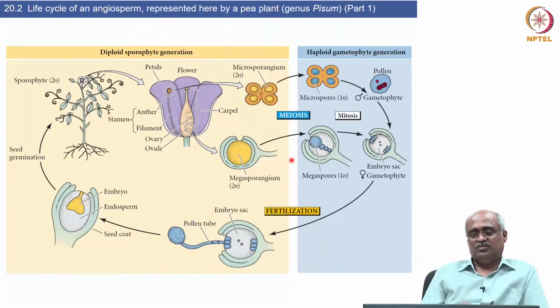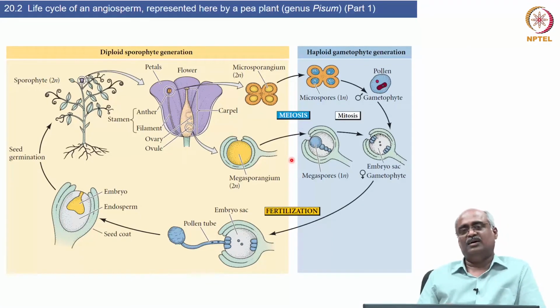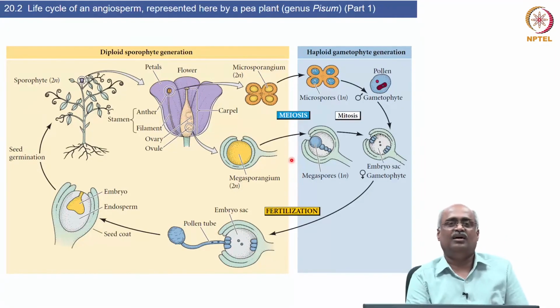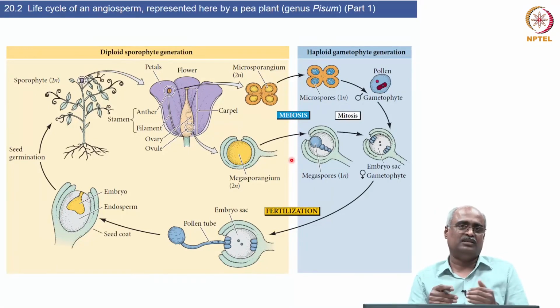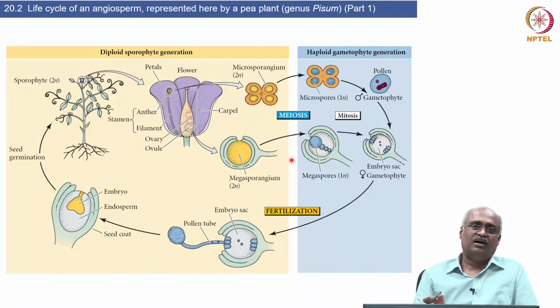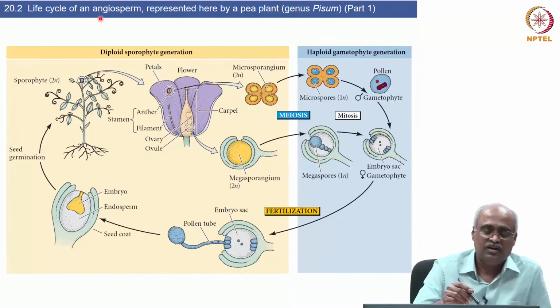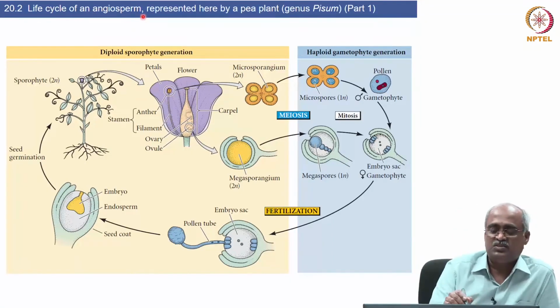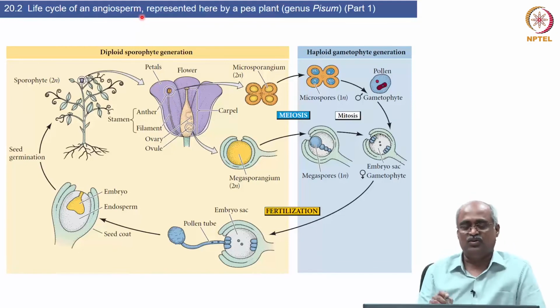So, we start with gamete formation, or gametogenesis, and for that we need to understand the plant structures. The main focus of our plant development discussion in this lecture, as well as in the subsequent lectures, will be on flowering plants, also known as angiosperms.